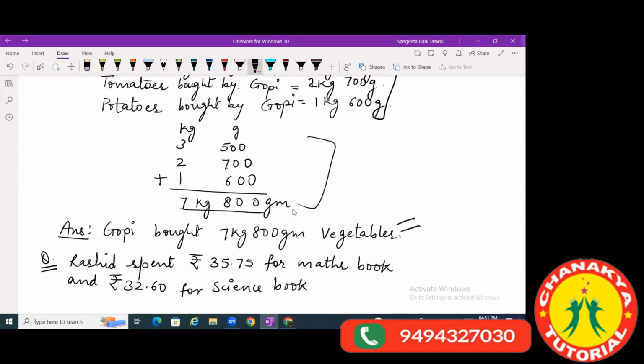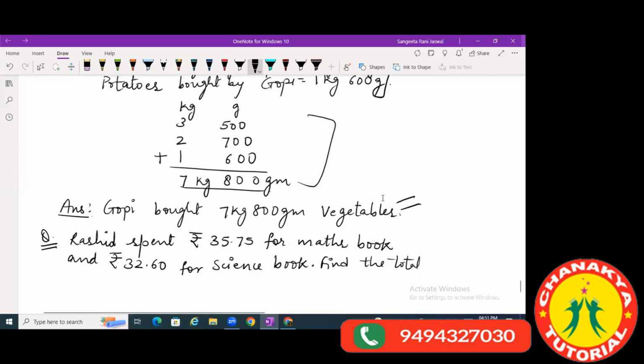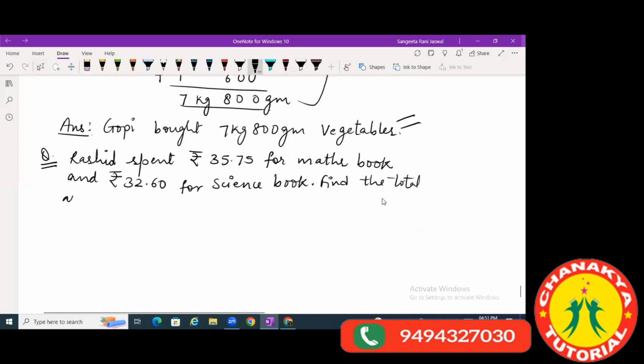Find the total amount spent by Rashid. So, the same way we will write the steps first. Rashid spent so much amount on maths book and 32 rupees 60 paise for science book. Find the total amount spent by Rashid.